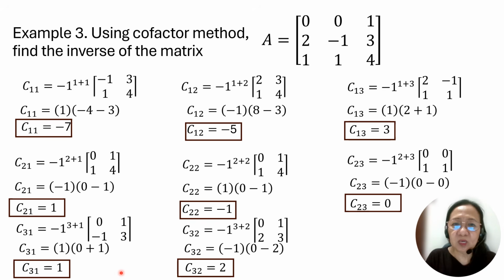And lastly, we have now C sub 33. C sub 33 is represented by 4. So we are going to simplify this. We have the sign is negative 1 is raised to 3 plus 3, and then slash the row and column where 4 is located.